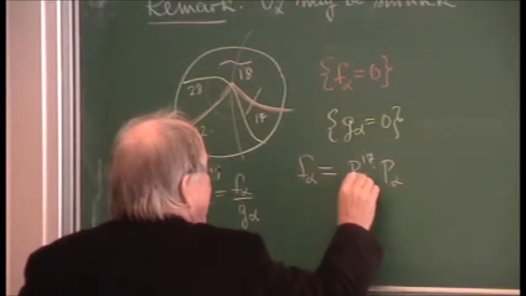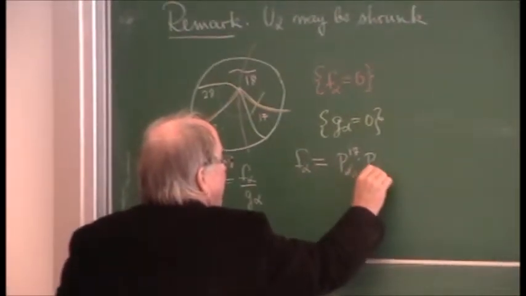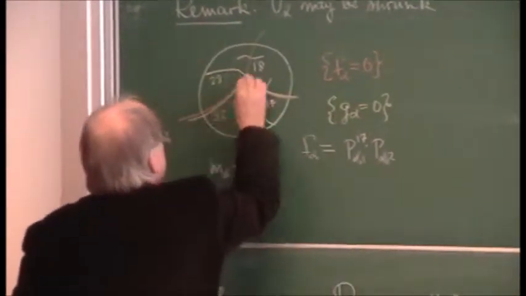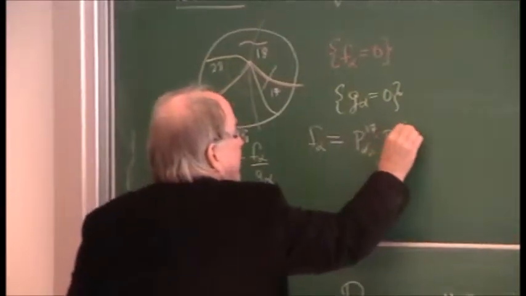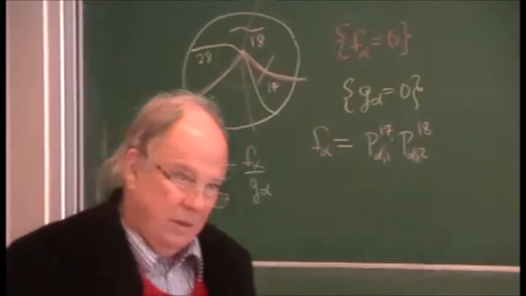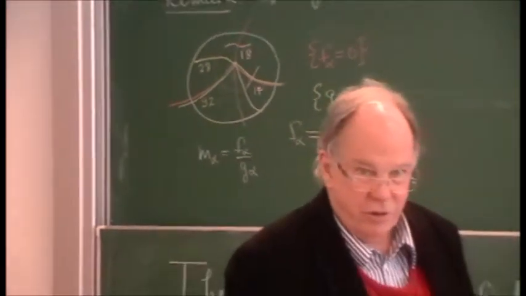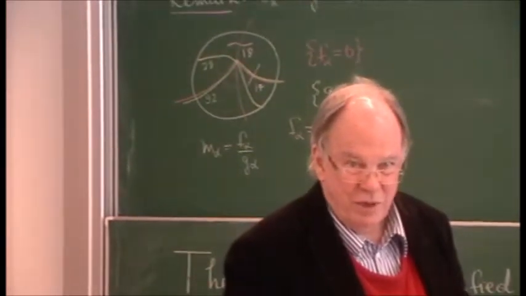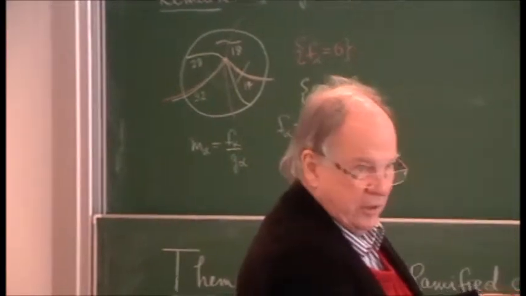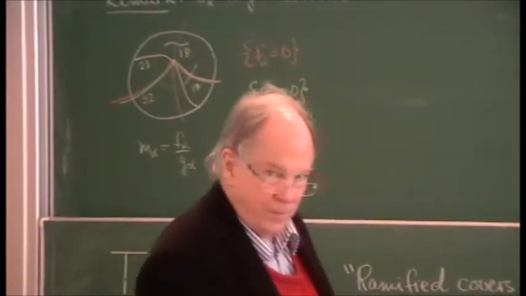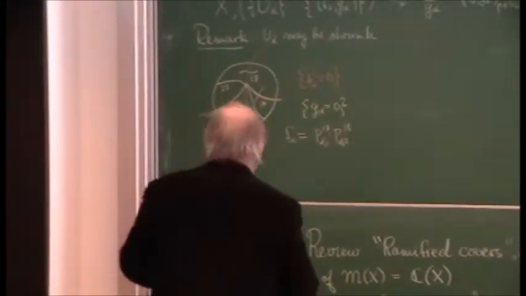Okay, P alpha 1 and P alpha 2. How many components do I have? 2? Right? This one's 17 and this one's 18. So in a unique factorization domain, you can factor things, it's just like the integers. You can write a prime decomposition of that thing. And these prime decompositions correspond to the zero sets and their multiplicities. Okay? That's the way F alpha looks.